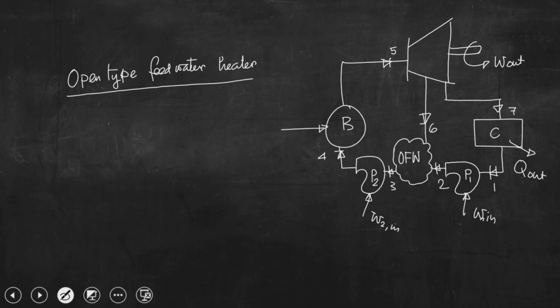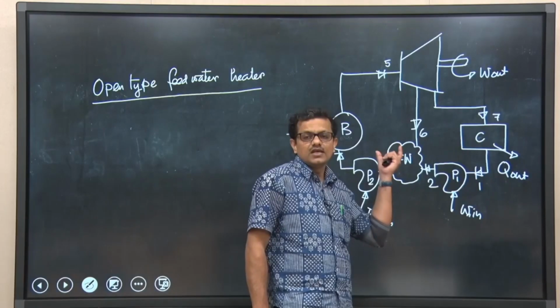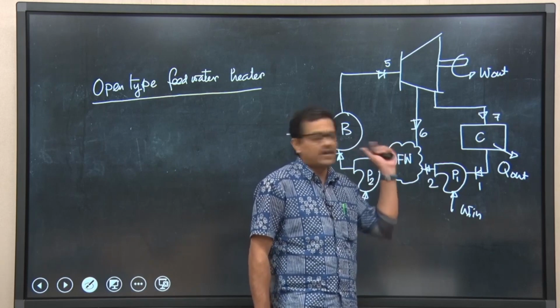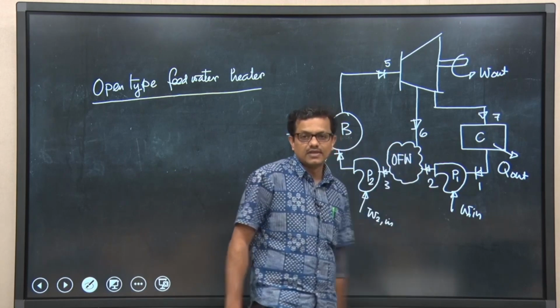Okay. So, this is the complete schematic depiction of the regenerative power cycle having an open type feed water heater. I hope you have understood why these two pumps are required for the smooth as well as efficient operation of the plant using this arrangement.